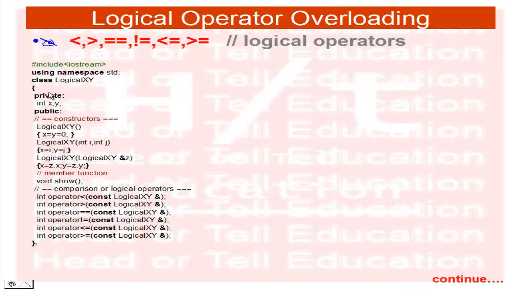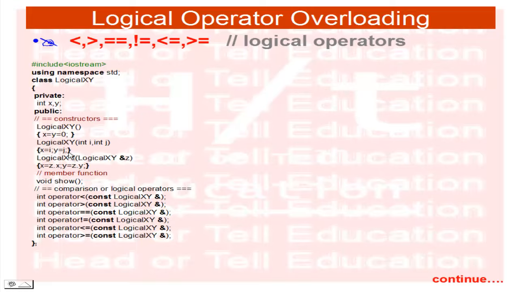First I have created the class logical xy. My class name is logical xy. Inside, under the private access specifier, I have created two integer variables x and y. In public access I have created constructors, a member function and four operators.